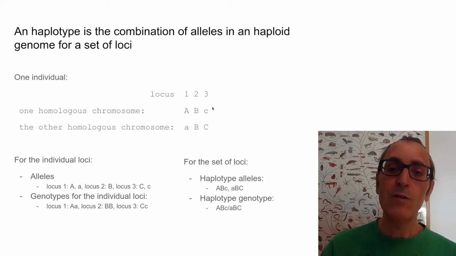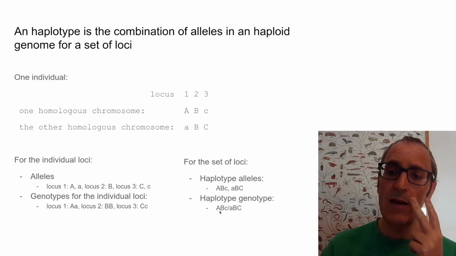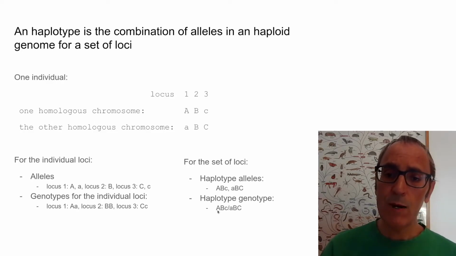But if we consider the whole region and we talk about the haplotype, in this case what we have is two haplotypes. One haplotype would be capital A, capital B, lower c, and the other haplotype would be lower a, capital B, capital C. That would be the genotype for the whole haplotype.